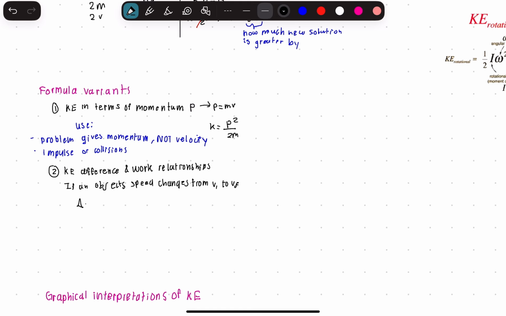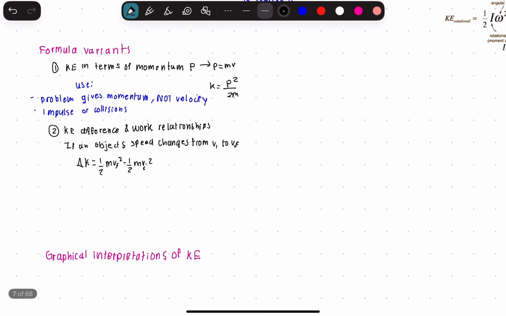So the formula is going to be delta K is equal to 1/2 m v final squared minus 1/2 m v initial squared. So you're just finding the difference, you're just finding the change. This is essentially like the work-energy theorem, which we'll see later.